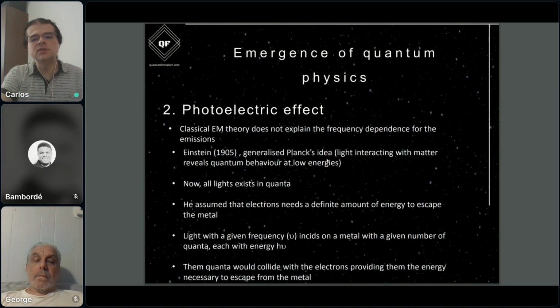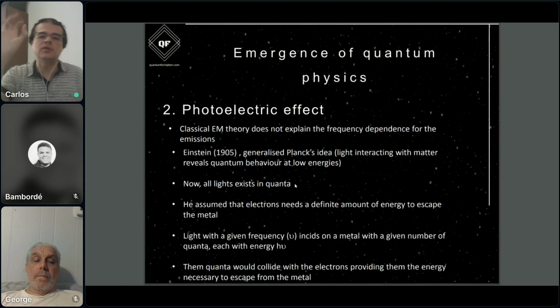his ideas and said that light interacting with matter reveals quantum behavior at low energy. In other words, he says that light exists in quanta everywhere, not only inside a box when radiation is getting into it.